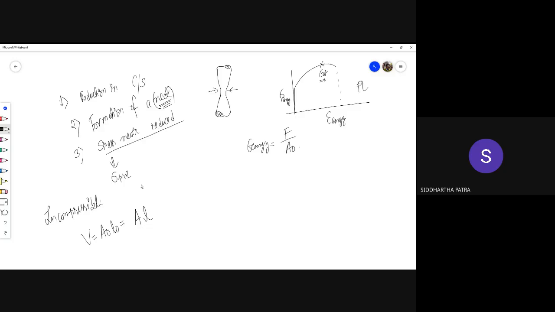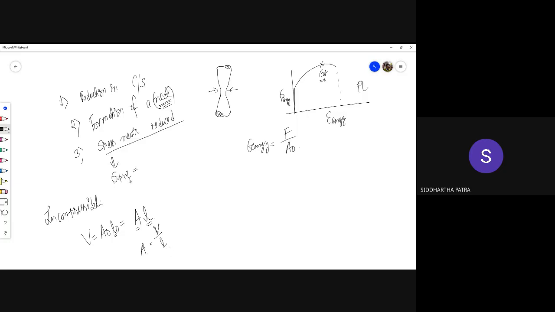So the true stress is not based on the original cross section area. Since the bar is elongating, the L is increasing, the cross section area A must decrease, because it is V divided by L. Because L is increasing, A must decrease.